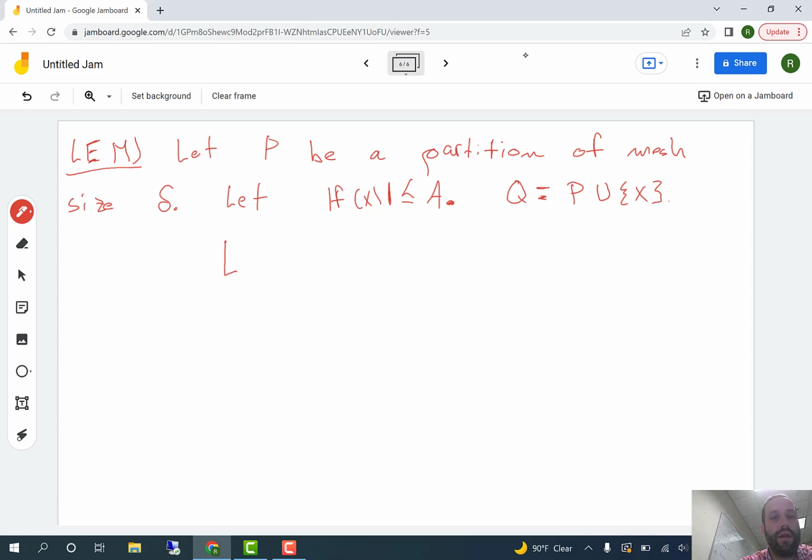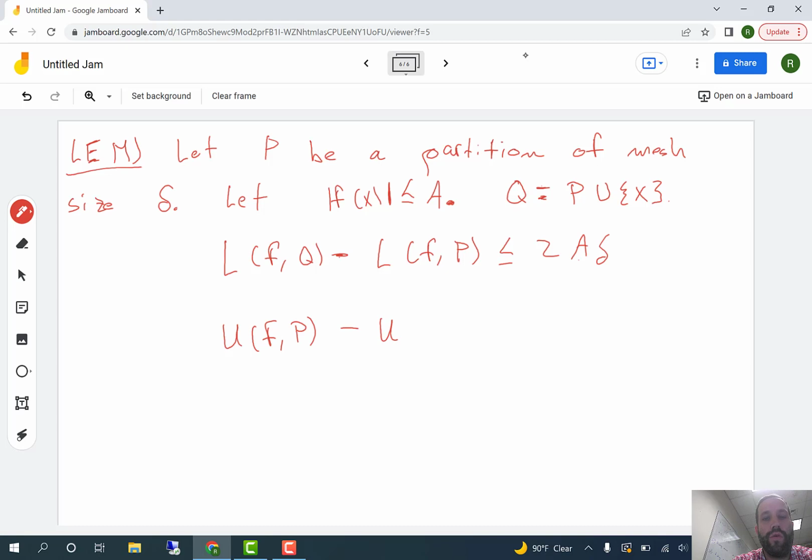We know L(f,Q) minus L(f,P) is less than or equal to 2a delta. And we know U(f,P) minus U(f,Q) is also less than or equal to 2a delta.